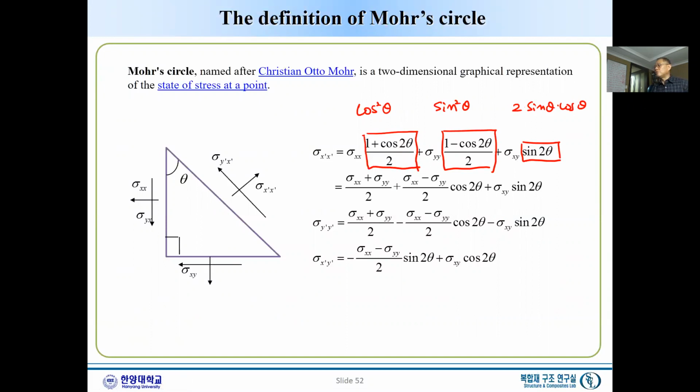Well, I'm sure you do know these conversions. And now from this, sigma xx divided by 2 and sigma yy divided by 2 come from here. And then the other one, cosine theta and minus cosine twice theta. Now put it here.